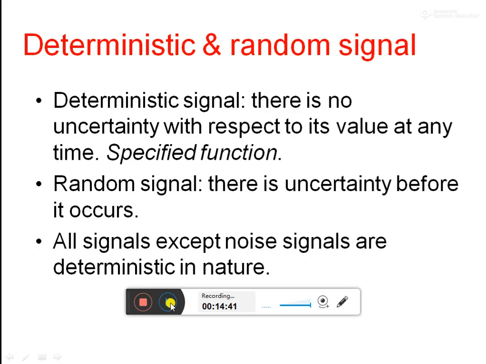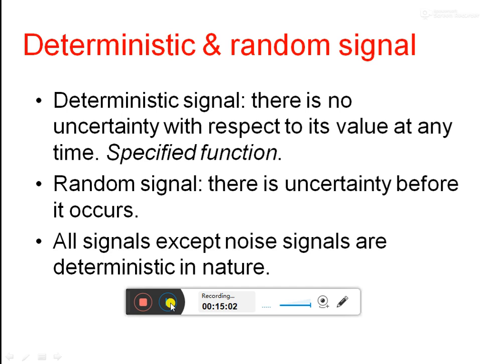Coming to the next category of signals, we have deterministic and random signals. Deterministic signals are those where there is no uncertainty with respect to the value at any instant of time for a specified function. It means that the signal will have a definite value at any instant of time t.